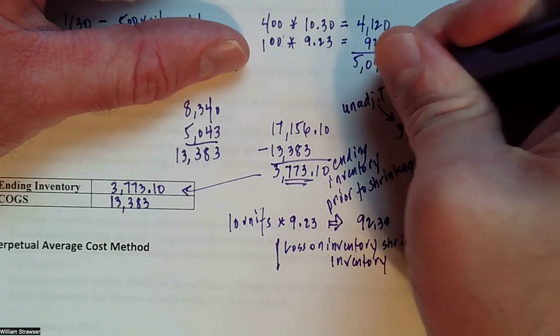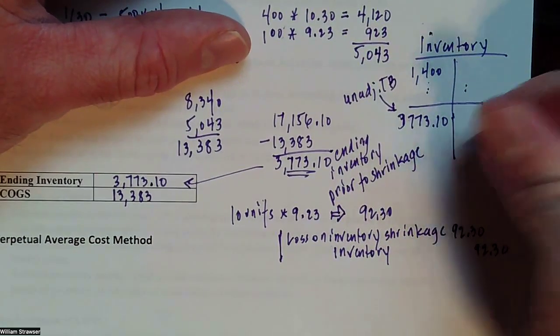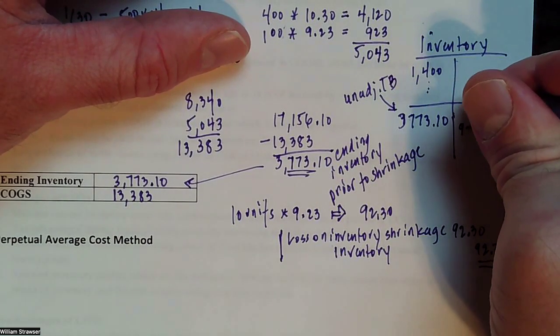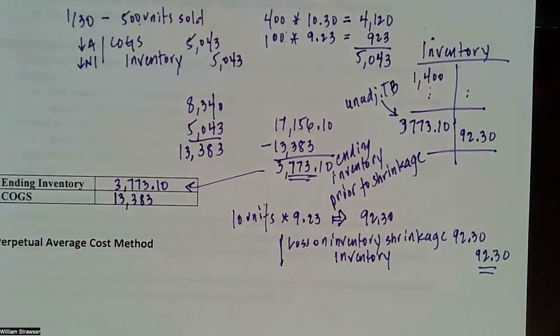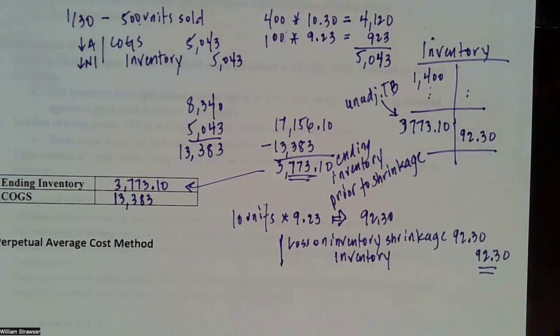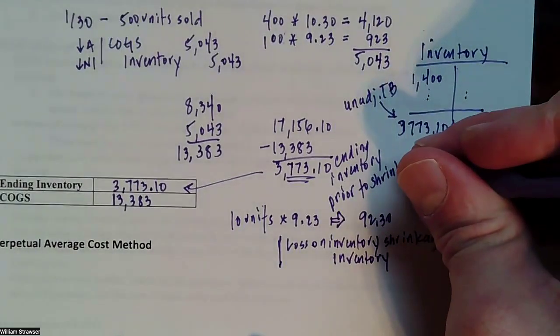So think about your unadjusted trial balance from the beginning of the course. Well, when I then adjust it with a credit of 92.30, get the calculator just to make sure I do it right. I have 3,773.10 as my unadjusted balance. I subtract off the 92.30. That gives me 3,680.80.